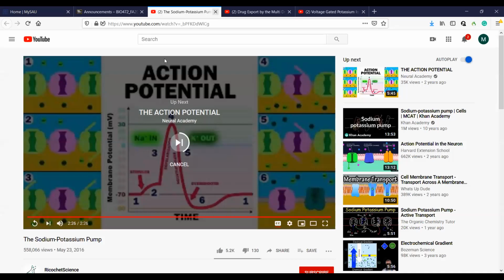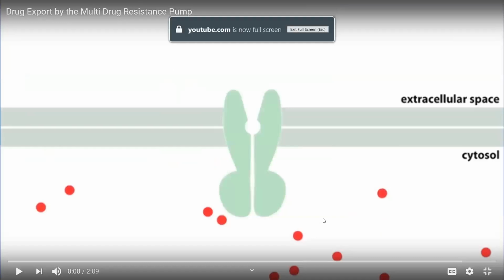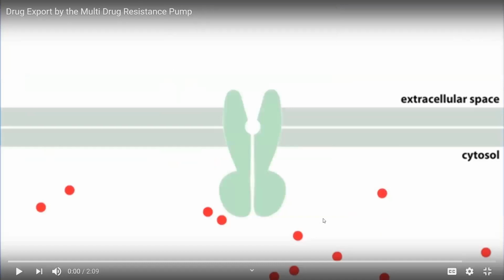Okay, that is the sodium potassium pump. Now, this one is about ABC transporters. One of the first ABC transporters that was studied in great detail was the so-called P glycoprotein.